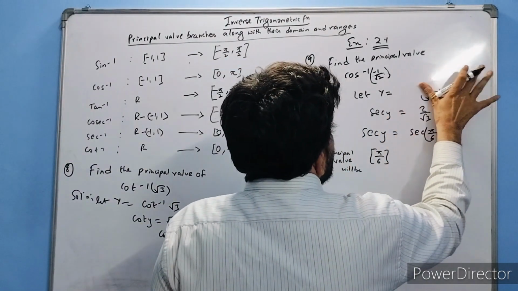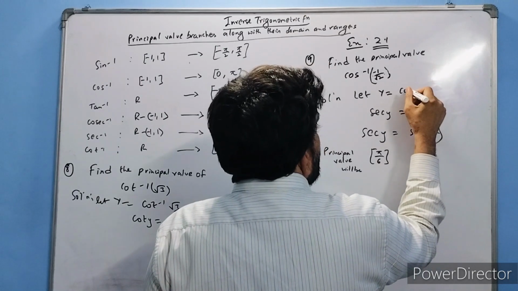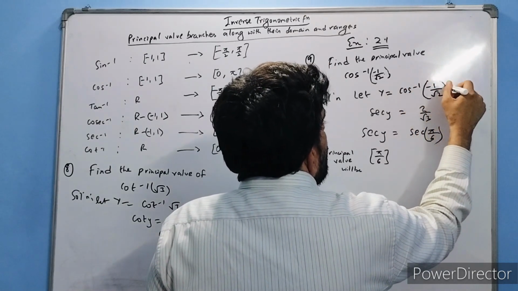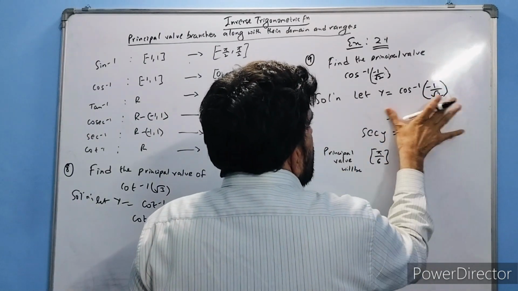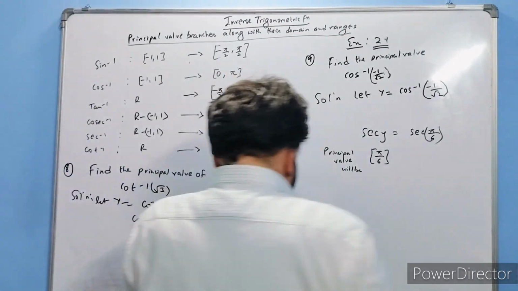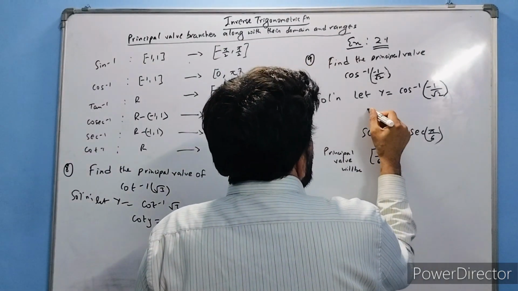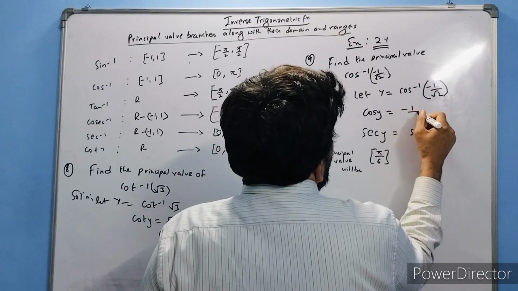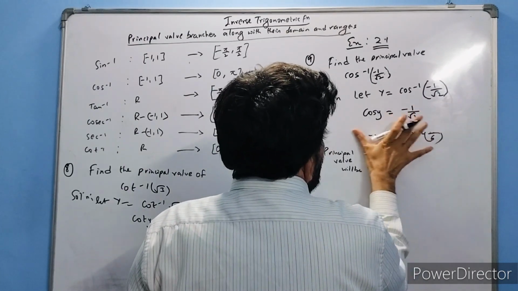Now we have y is equal to cos inverse minus 1 upon root 2. So cos y is equal to minus 1 upon root 2.